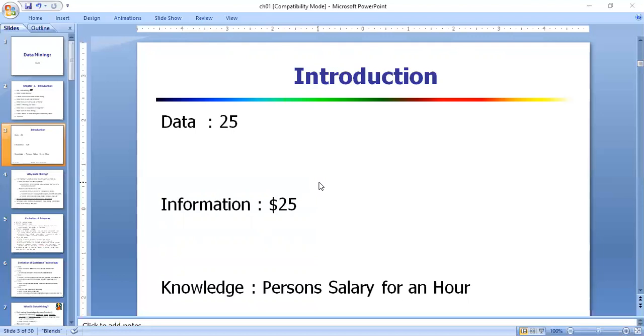If I give the context or meaning for this data, suppose I say this quarter is nothing but the seasons of a particular country, and these numbers are the products an ice cream company has sold in this particular quarter.